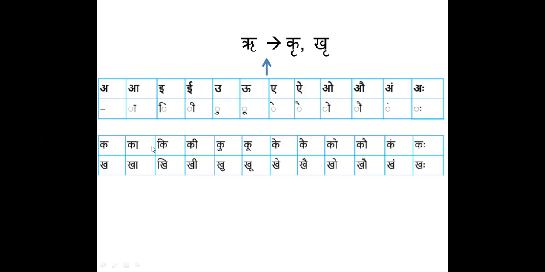Now you learned how to join these vowels with consonants and how to pronounce the Barakhadi. This is another example. Ka. Now I pronounce one more time.